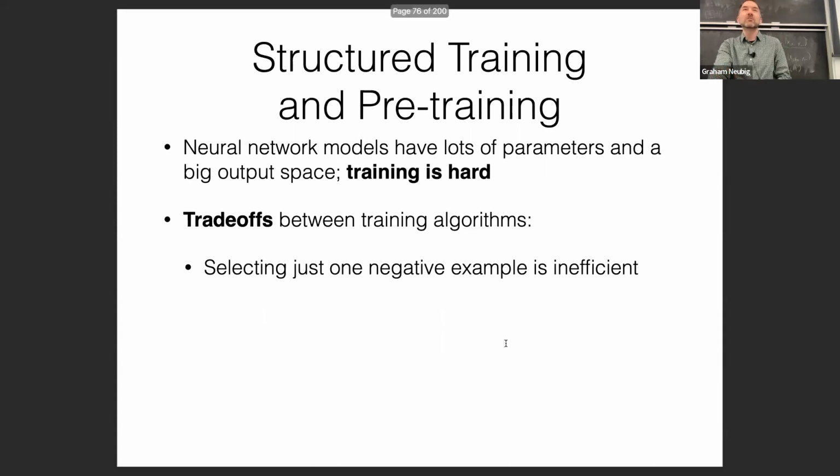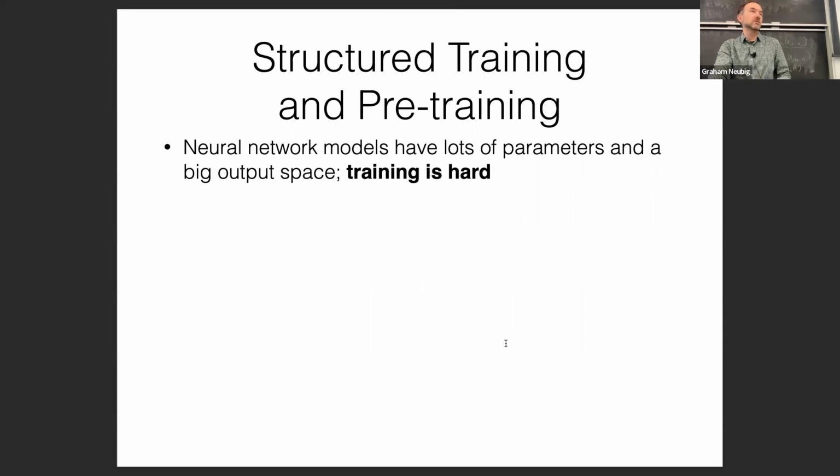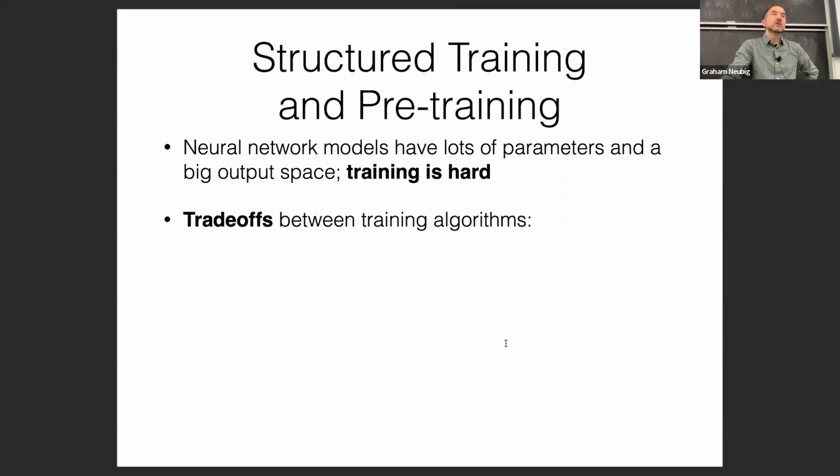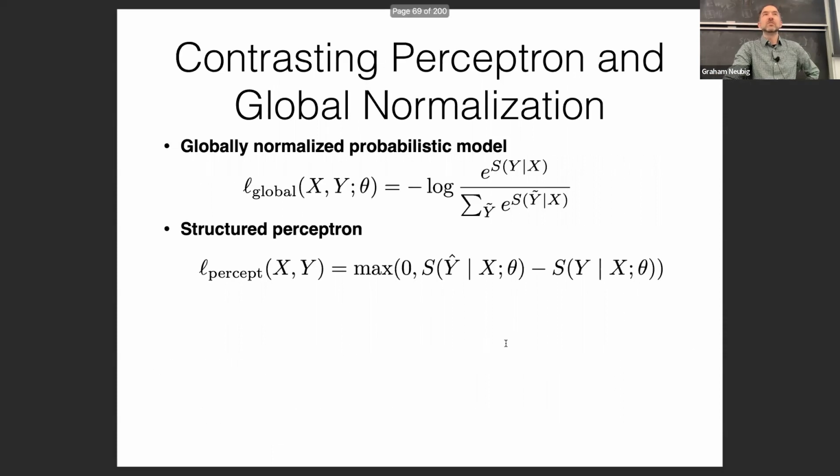And with neural networks, this has become less and less feasible because neural network models don't respond well to being trained from scratch using these very sparse losses. Let me elaborate on that a little bit more. Part of the reason why they are hard to train when you are doing something like this is that here you have one positive example and one negative example.